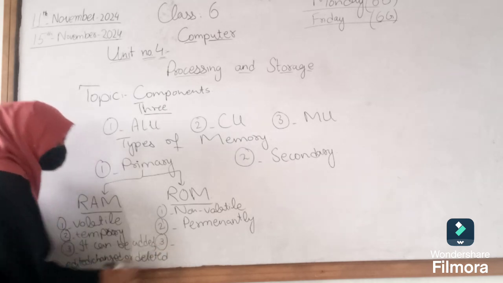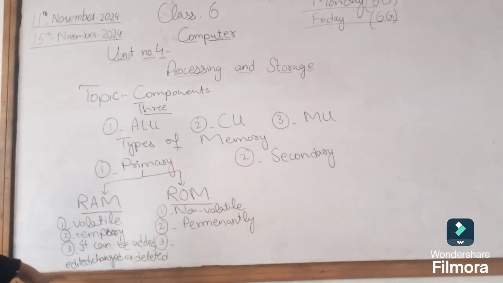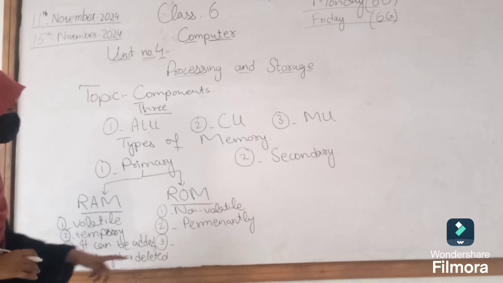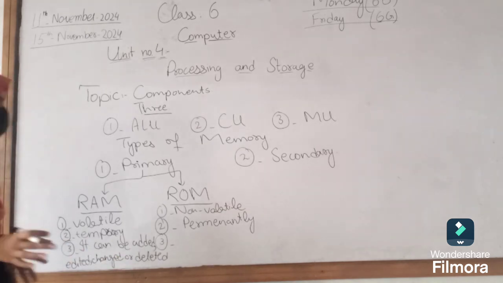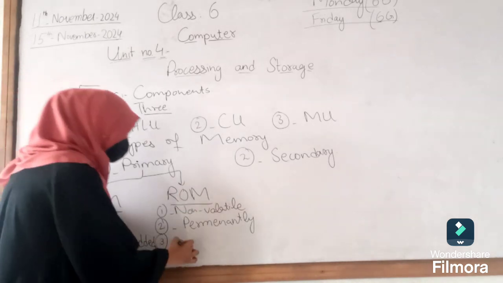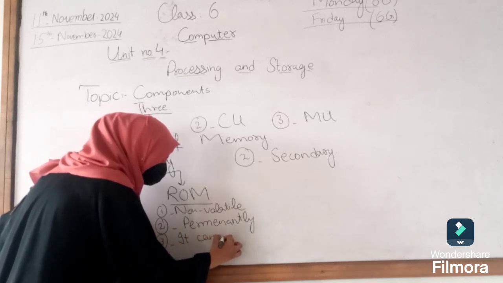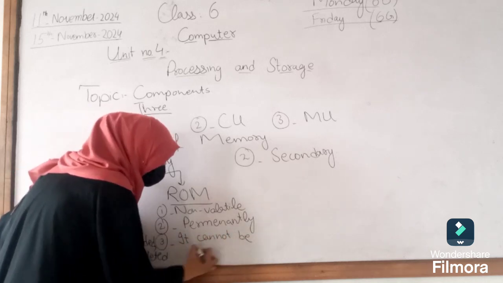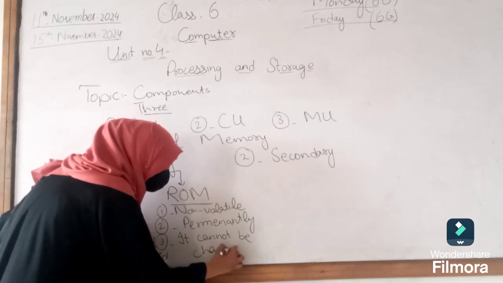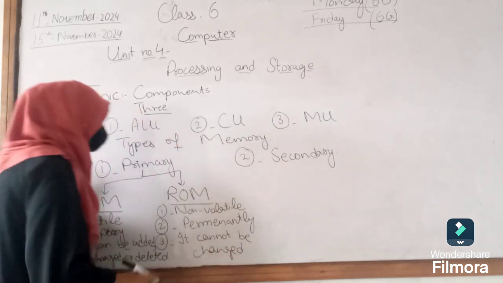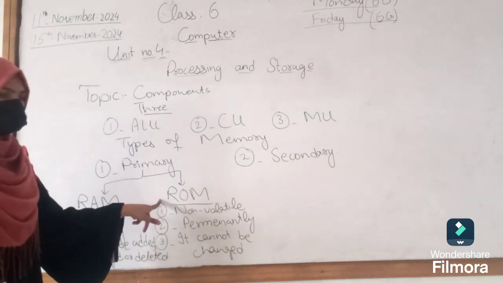Okay, you can change, you can add something, you can edit the previous data that you have already given into the computer. You can change something, and also you can delete it for a number of times. Okay. Next is the ROM. The data that is stored in ROM cannot be changed. So these are the 3 main differences between RAM and ROM.